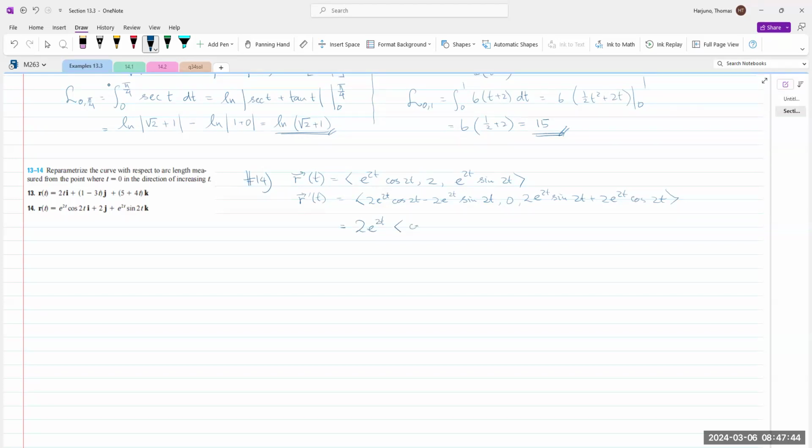I get cosine 2t minus sine 2t, comma 0, comma sine 2t plus cosine 2t. By the way, if you notice, because the y component is constant, this curve is actually part of the plane y equals 2.